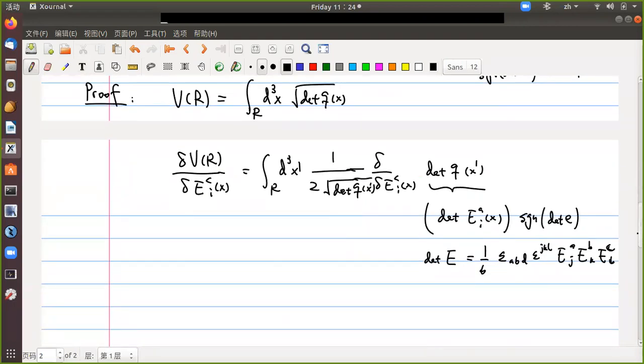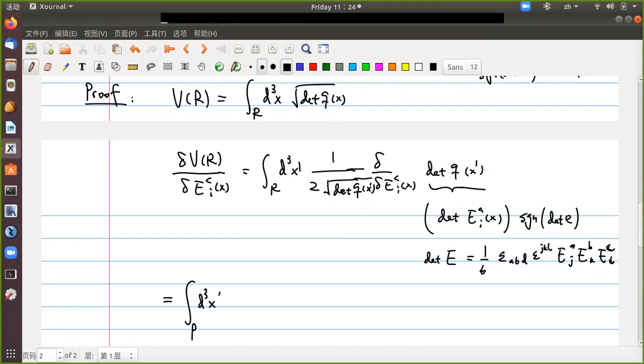This is just an overall constant sign. It depends on your choice of left-hand frame or right-hand frame, so it doesn't participate in the derivative. You can just let your derivative act on this determinant E and do the calculation. Okay, so now we can proceed.